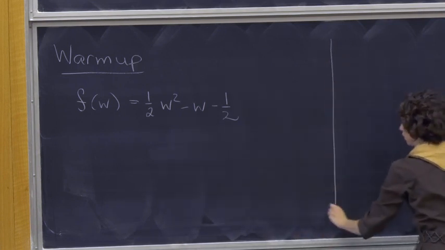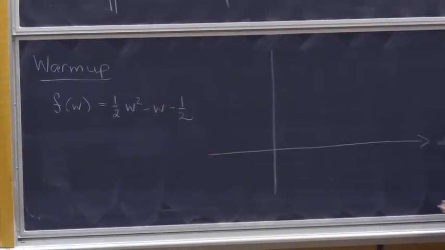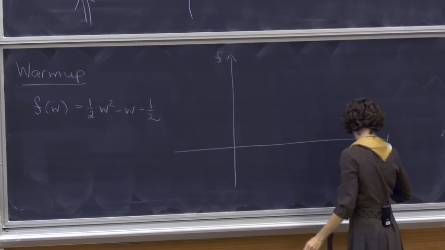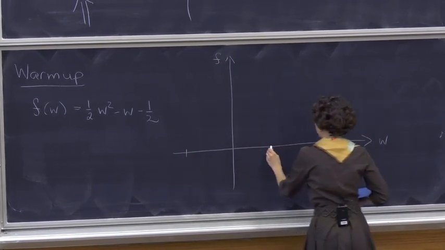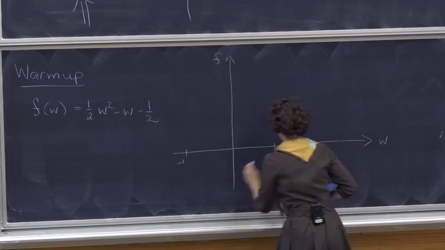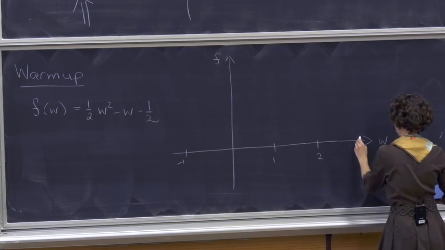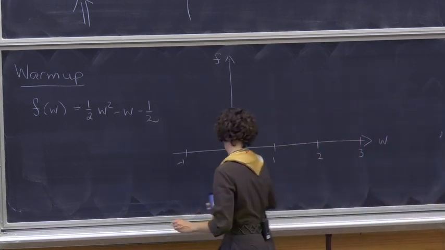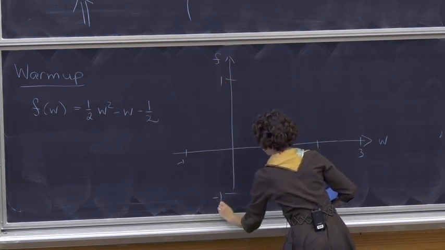So I can actually plot this function. So here is w, and here is f. And let's see, so I've got 1, -1, 1, 2, 3. And I think this is 1 and -1.